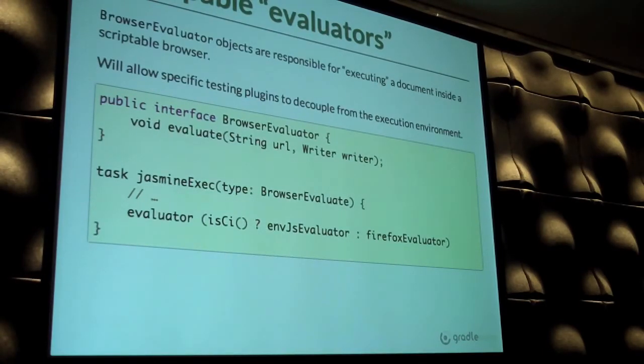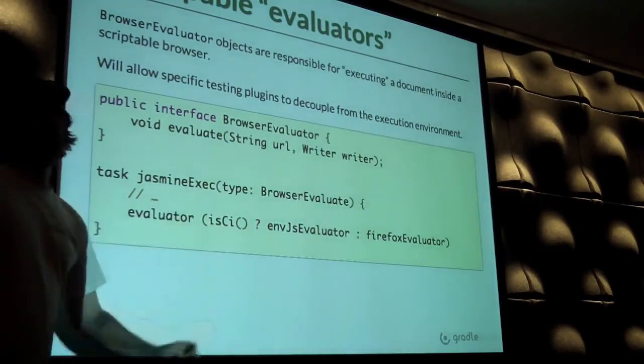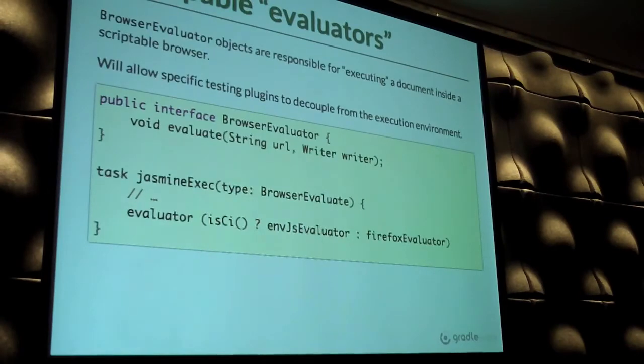There's a key interface saying go to this page, evaluate it, and write it out. What that means is that we can do it with different evaluators. If we're running on CI, we want to evaluate this page with MJS. If we're running on the desktop, let's use Firefox so the developer can actually look at it. It's just the same thing at the end of the day. Send the browser there, tell it to evaluate it, see what it got.